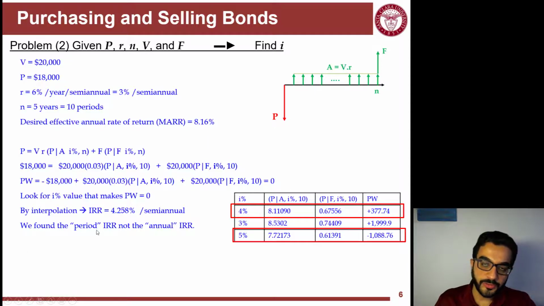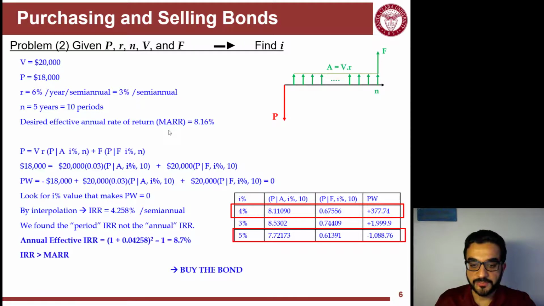So we found the period interest, so we need to move this from period interest to effective annual interest to be able to compare to MARR. And we'll do that using the effective interest rate formula we learned in a previous lesson. So it's equal to 1 plus the period interest to the power of the number of periods per year, minus 1. That will bring us the effective IRR to be 8.7% per year.